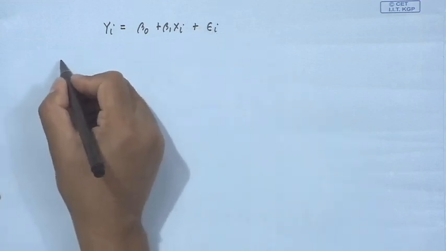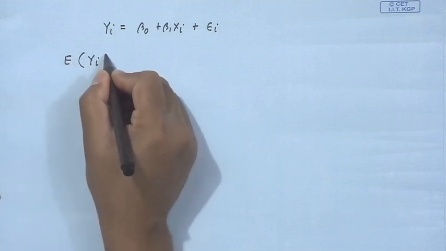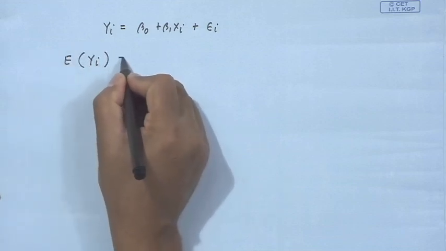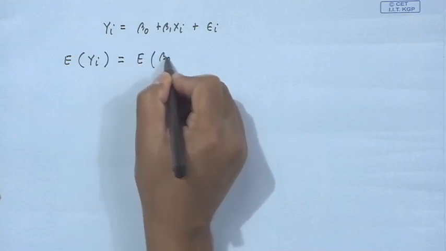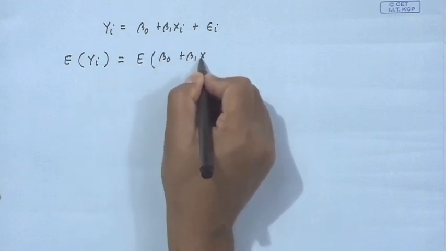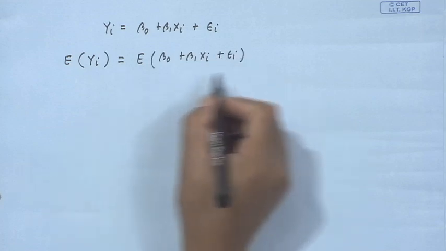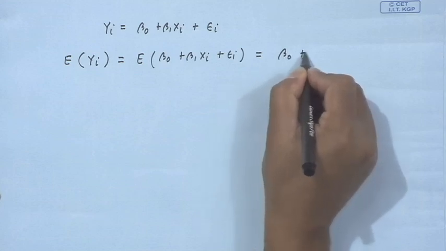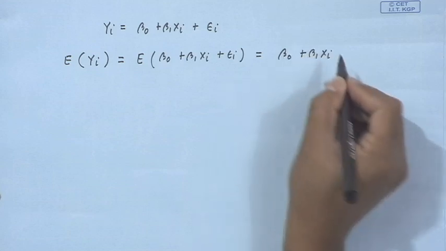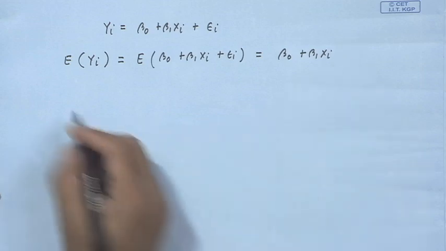From here I can write the expectation of y I is equal to the expectation of beta naught plus beta 1 x I plus epsilon I, and this is equal to beta naught plus beta 1 x I plus the expectation of epsilon I, which is equal to 0.